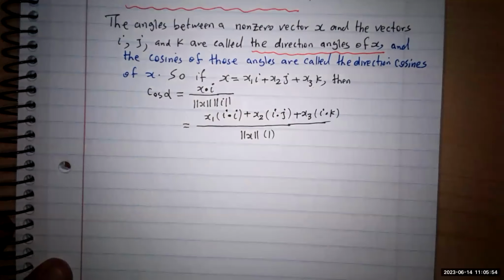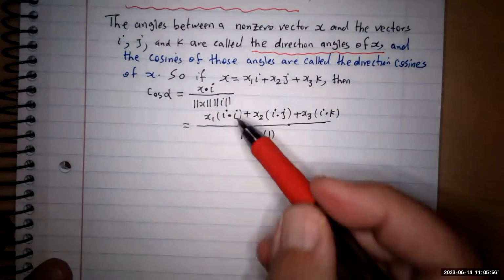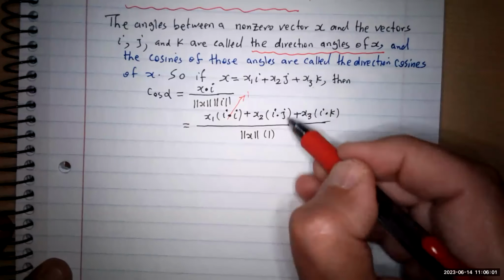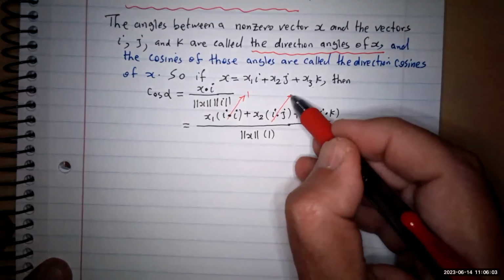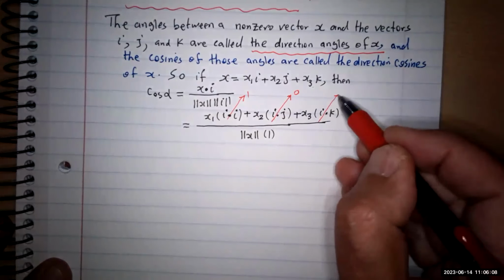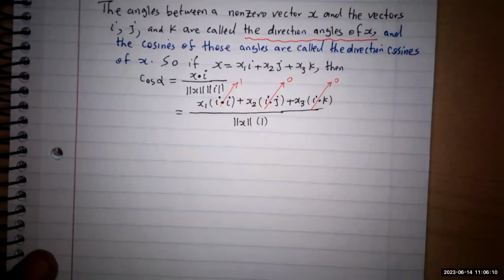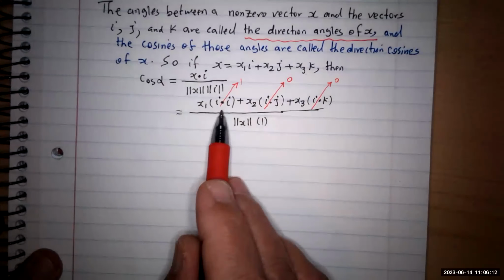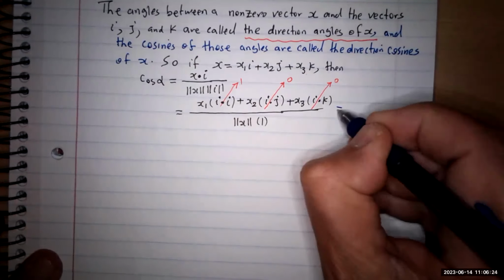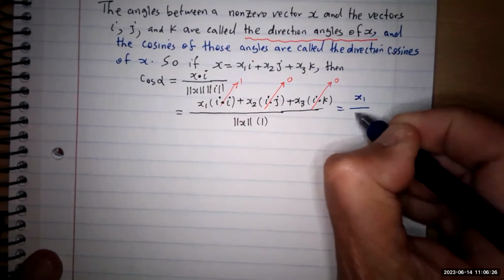But i dot i is just the unit vector, so that's going to be 1. i and j are perpendicular to each other, which gives you a 0 dot product. i and k are perpendicular, which gives you 0. You know that i dot i would be norm i squared. So the result is simply x1 on the top and norm x on the bottom.